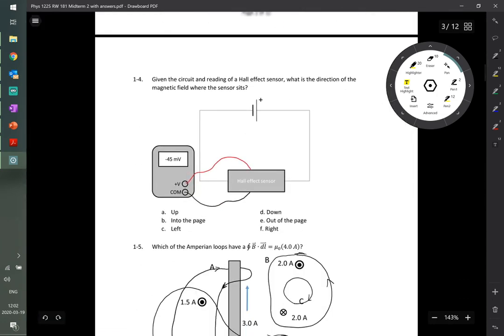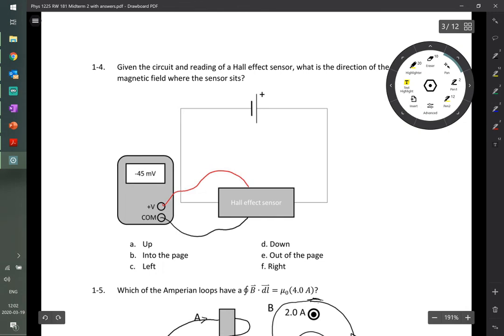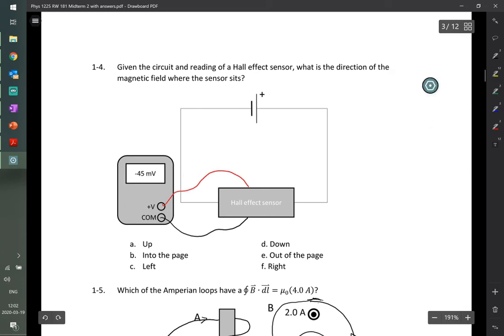So 1-4 has to do with the Hall effect. What we know is that in a metallic wire, the current is due to electrons moving from the negative terminal to the positive terminal. So inside here, we expect the electrons to be traveling in that way.